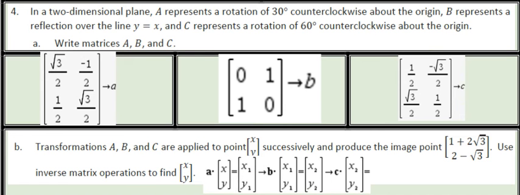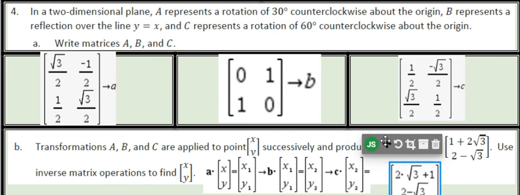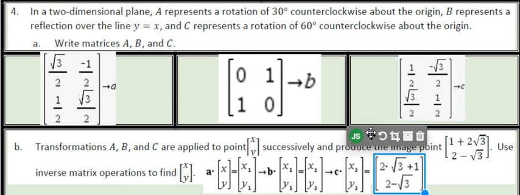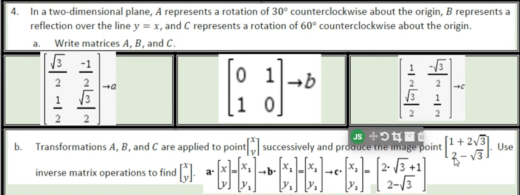Then they did B to x1, y1 to get x2, y2. Then they did C to x2, y2 to get this point right here. So notice the only difference in my point here and what we have right down here is the commutative property.